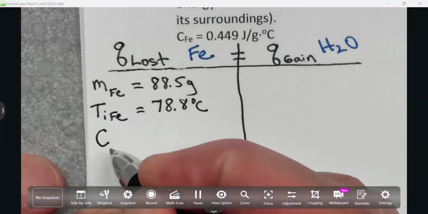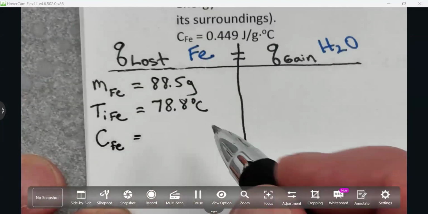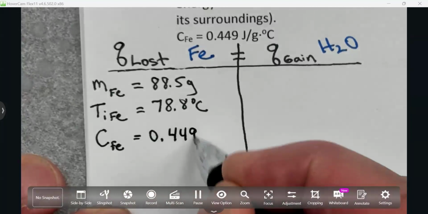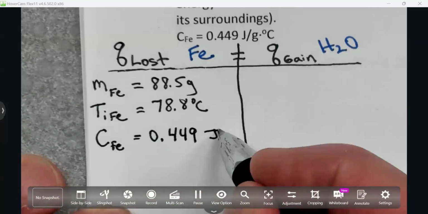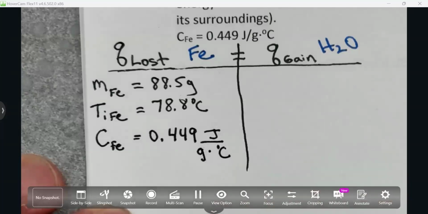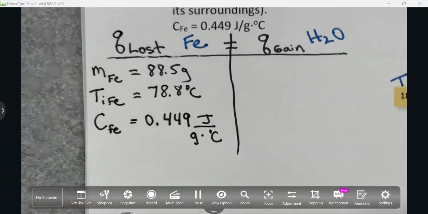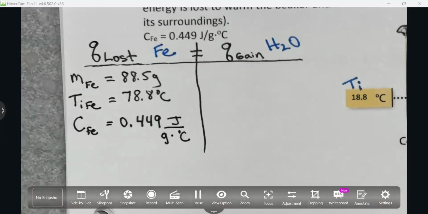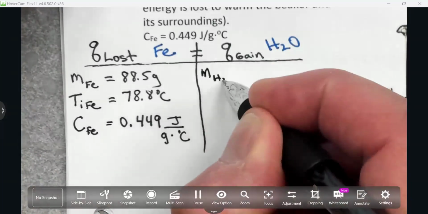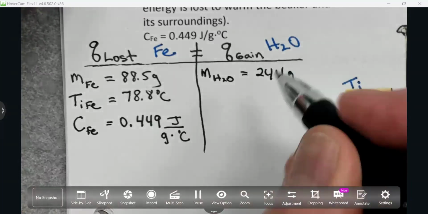My specific heat of my iron is 0.449. My mass of my water is 244 grams.